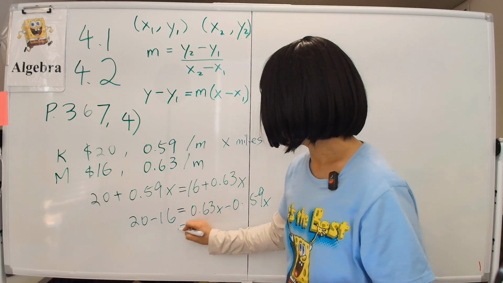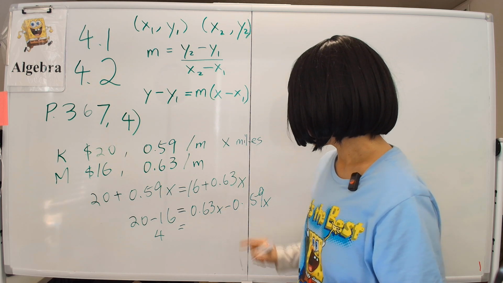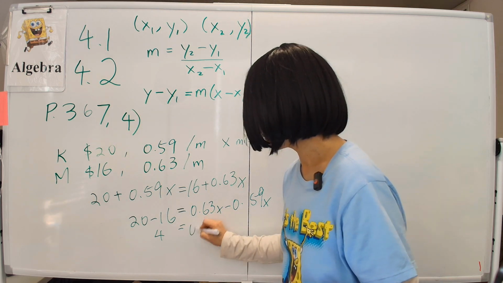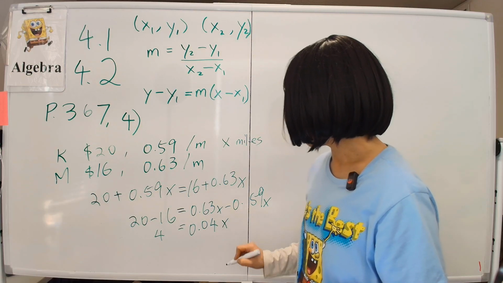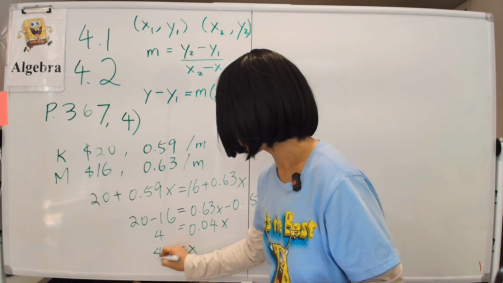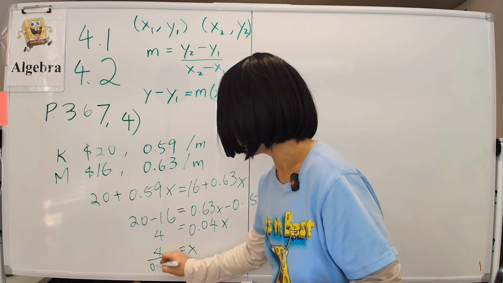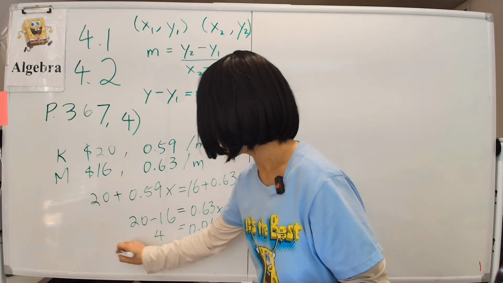All right, so that would be 4. And then 0.63 minus 0.59, that's 0.04, right? I guess the difference isn't great. All right, so then x has to be 4 divided by 0.04, okay? And that is going to be 100, I think.